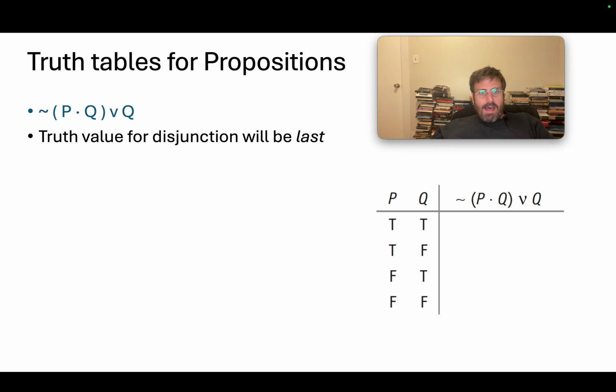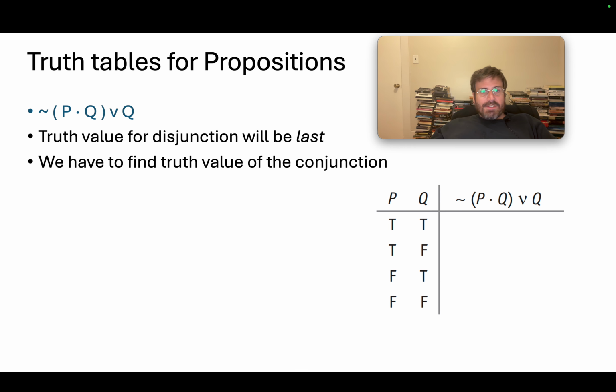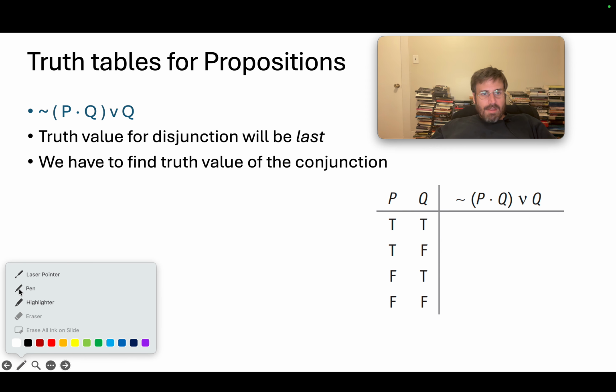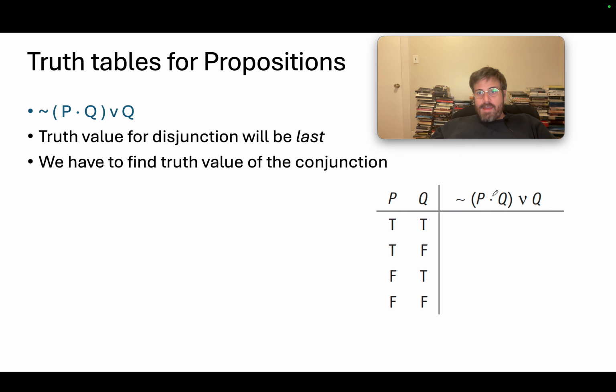So the value for disjunction will be last. We have to find the value of dot first. Dot is the thing that is really determining the truth value of this entire statement. We are looking for, of course, wedge. This is our goal.